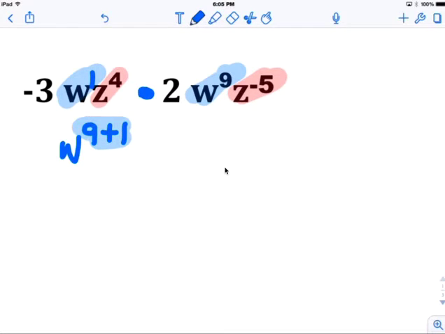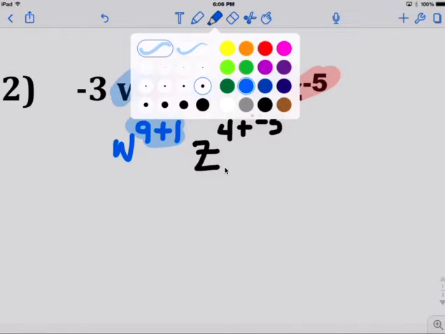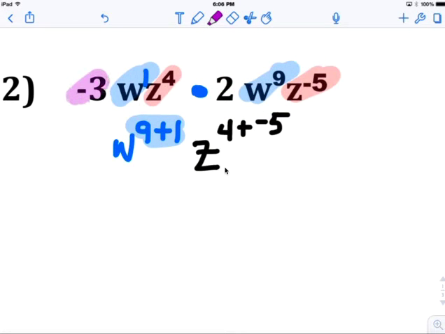Remember this for your quiz. And then you do the z to the 4th plus -5. Okay, and then you do the multiplication without the exponent. Order of operations says multiplication next. Okay, multiplying next. -3 times 2, -3.